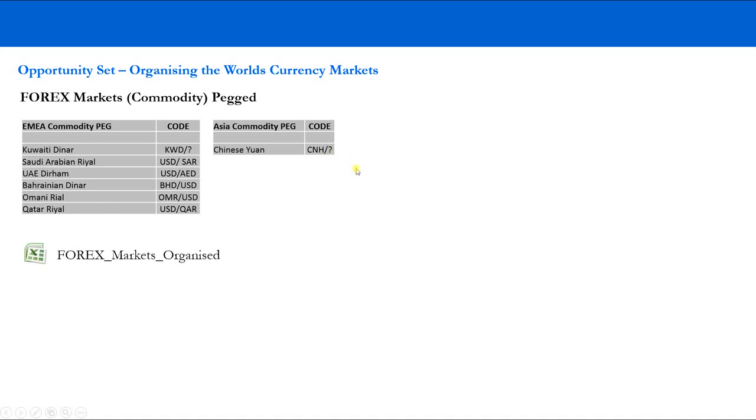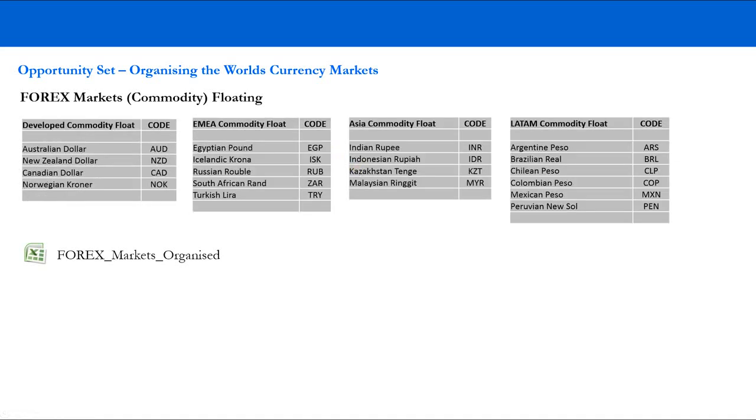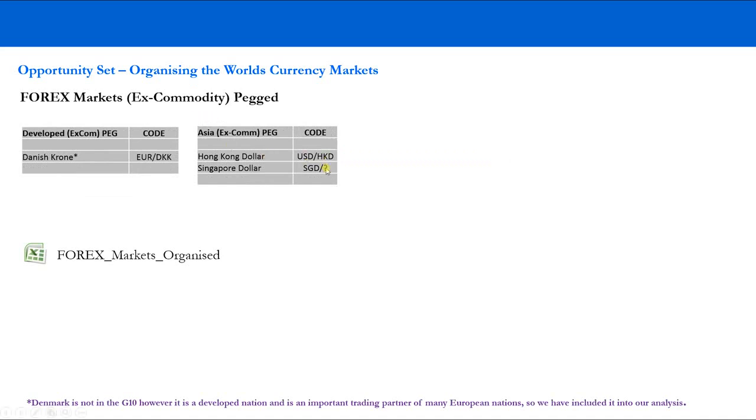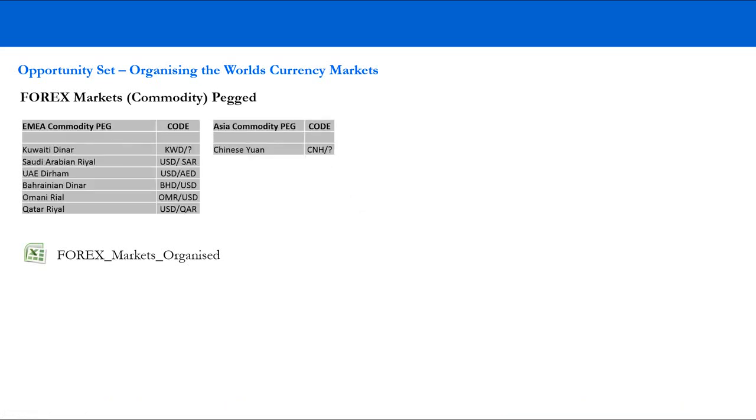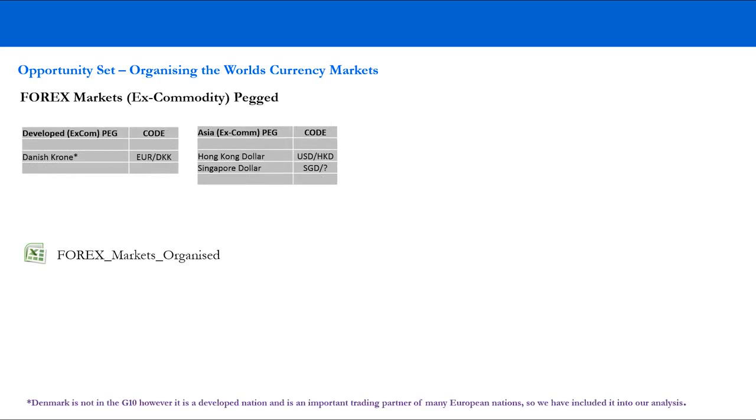And we have the question mark here next to the Chinese yuan, similar to the question mark next to the Sing dollar. Why is that? Well, it's because the way in which the currency is pegged is not fully 100% aware or understandable. So for example, with the Singapore dollar, there is a basket of currencies that the Singapore dollar is weighted towards.